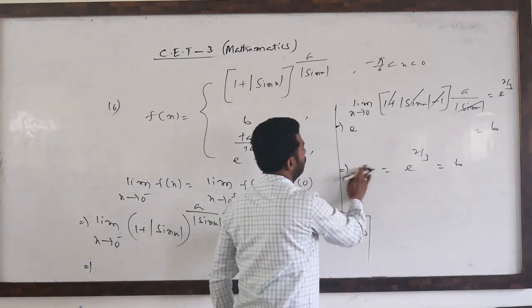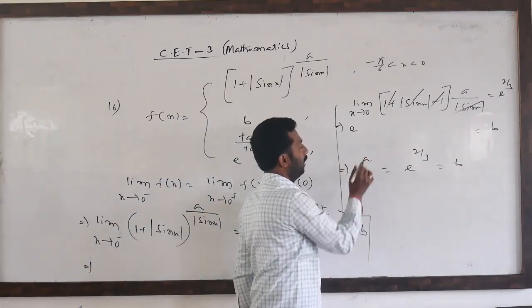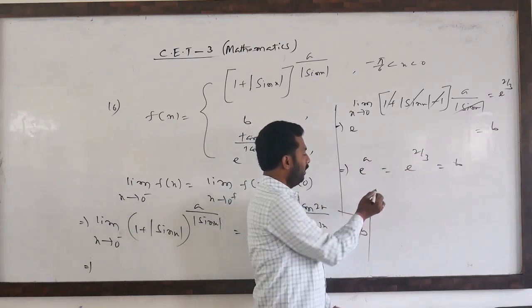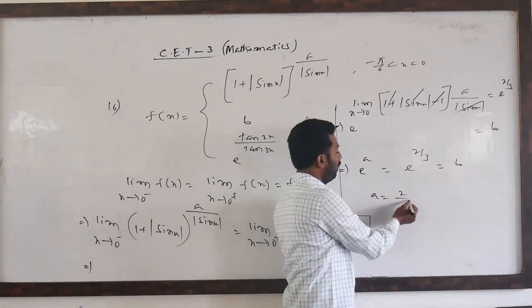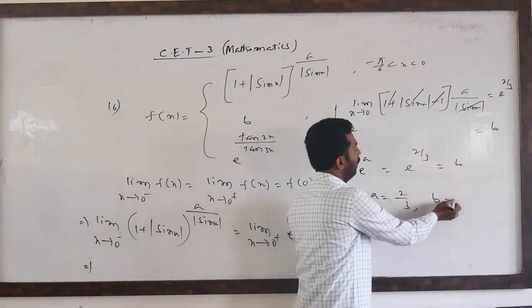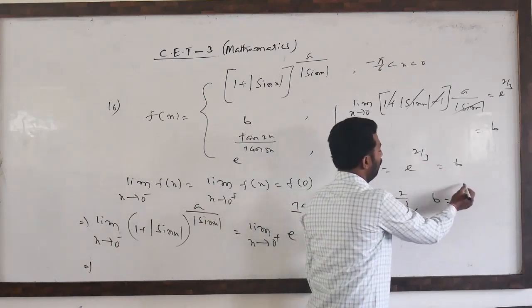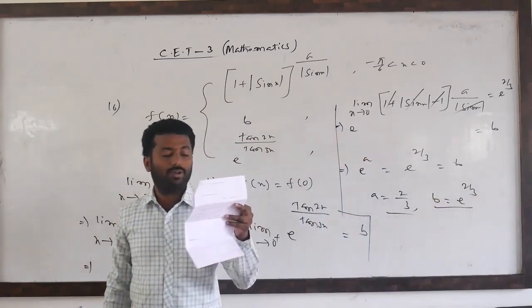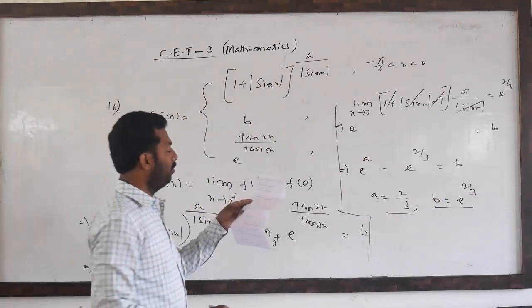Sorry, this is e to the power a. So if I am taking these two, a value is 2 by 3, and b value is e to the power 2 by 3.